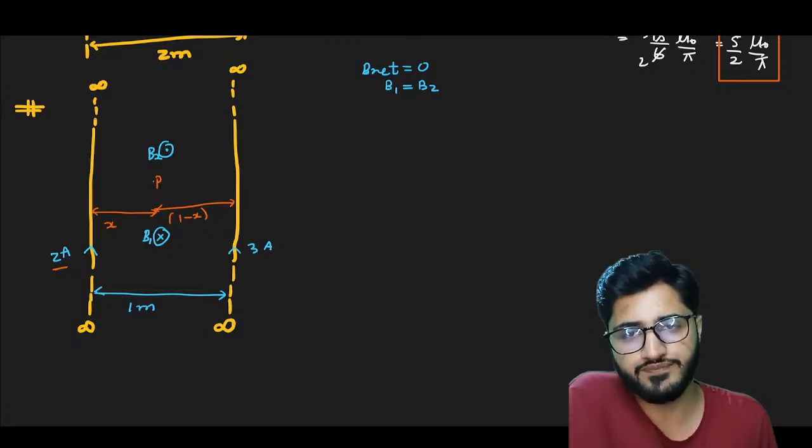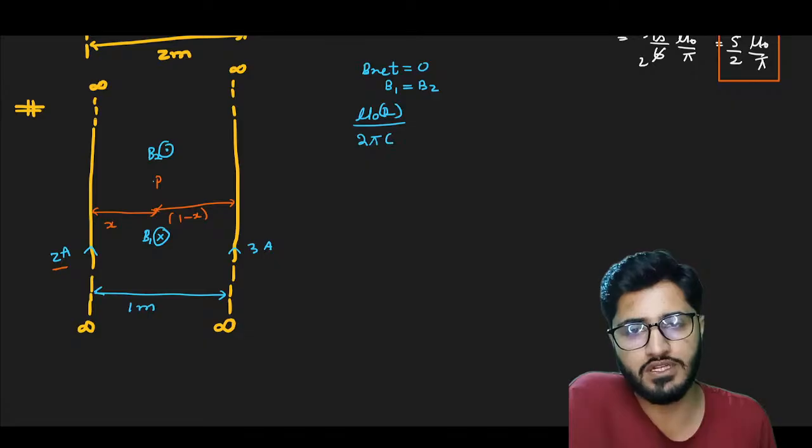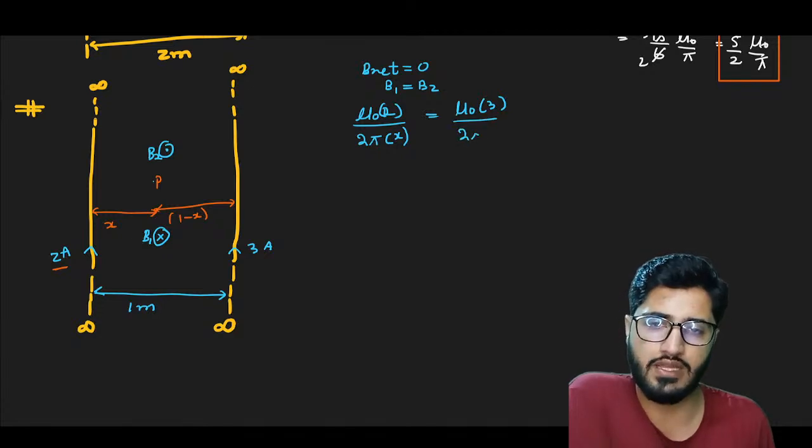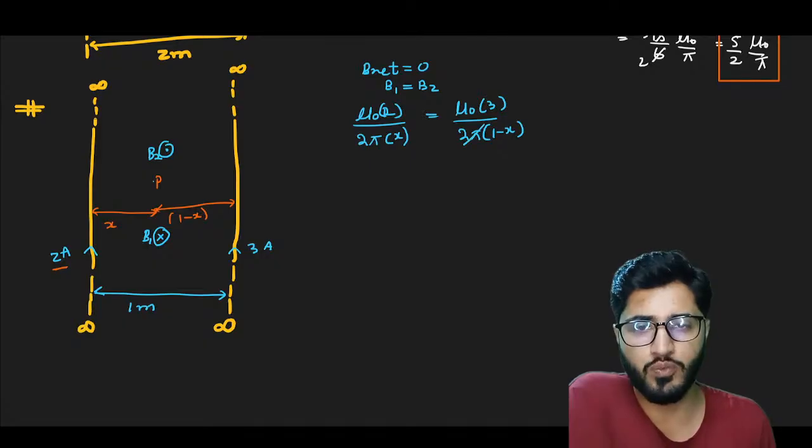Now what is B1? For an infinite wire, it is mu naught I, I is 2 ampere, so 2 divided by 2 pi d. D is how much? It would be x only. Equals mu naught I, I is 3, divided by 2 pi into 1 minus x. 2 pi cancels out. Mu naught cancels out.